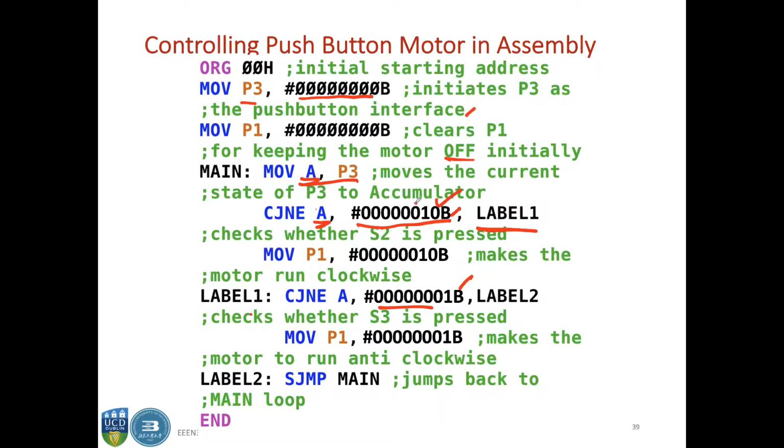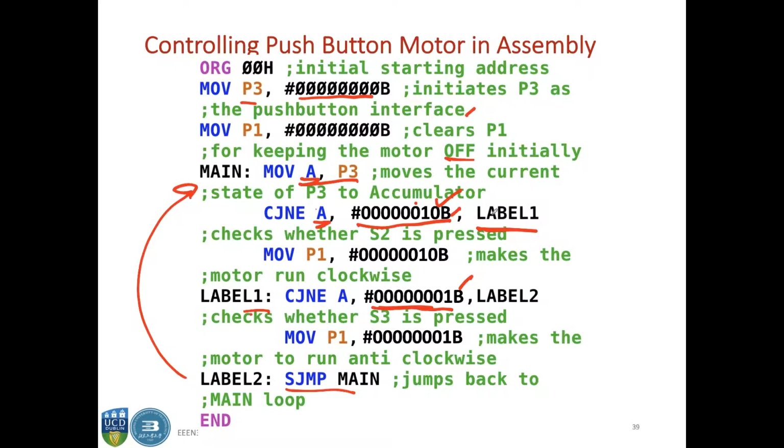If it is not equal to this number, then you jump to level 1 and compare here. If it is not equal to both these numbers, then you go to level 2, which tells you to go back to this line and check again.